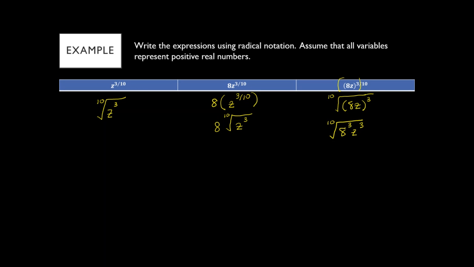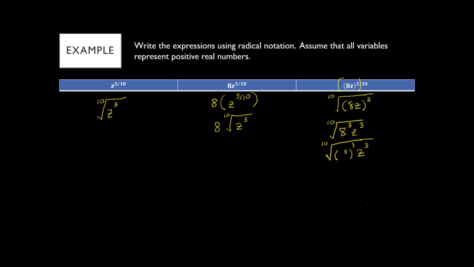So we want to try to simplify further, and we could rewrite 8 as its prime factorization. 8 is actually equal to 2 to the 3rd power. So we have 2 to the third power, to the third, and then z to the third. I know there are 3's all over here.